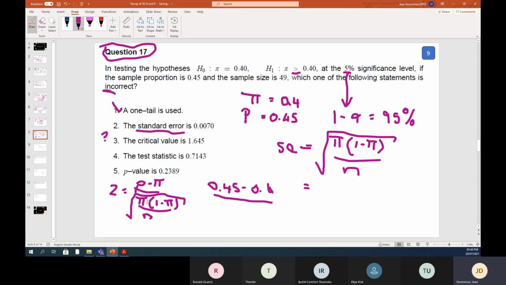So let's say 0.4 times 0.6, divided by sample size of 49, square root of that. Okay, 0.7143.